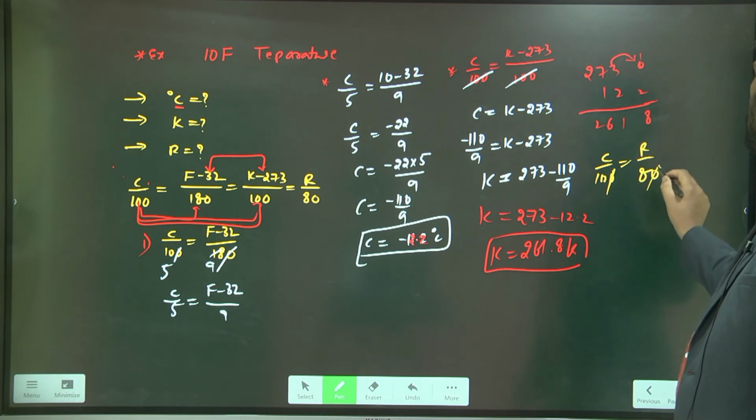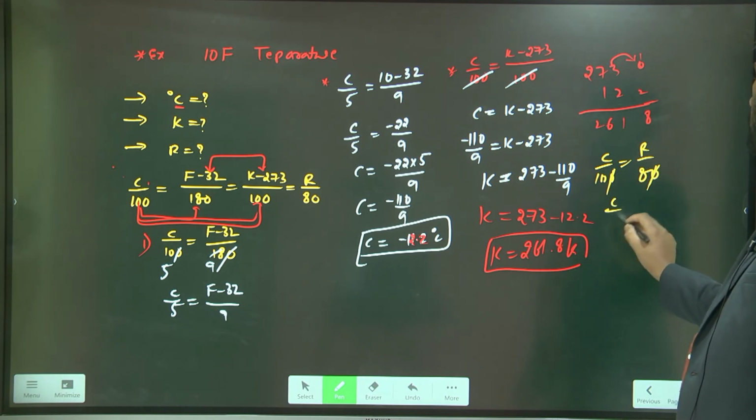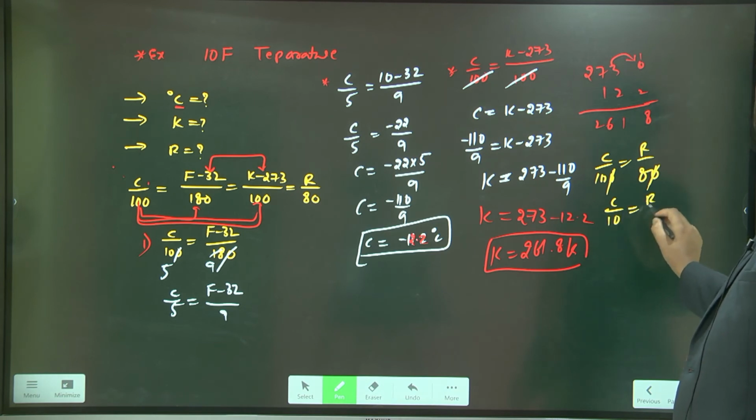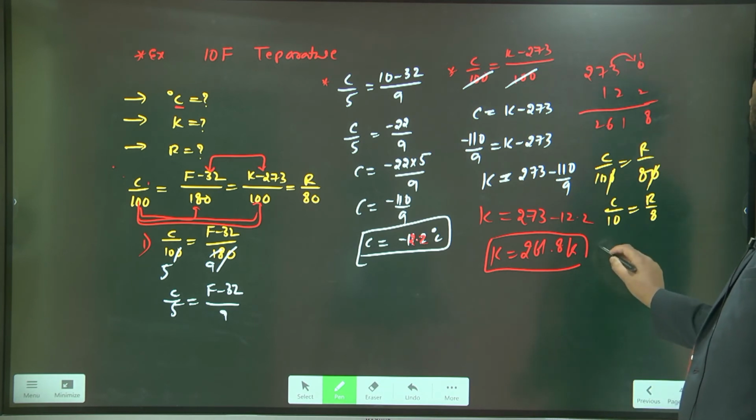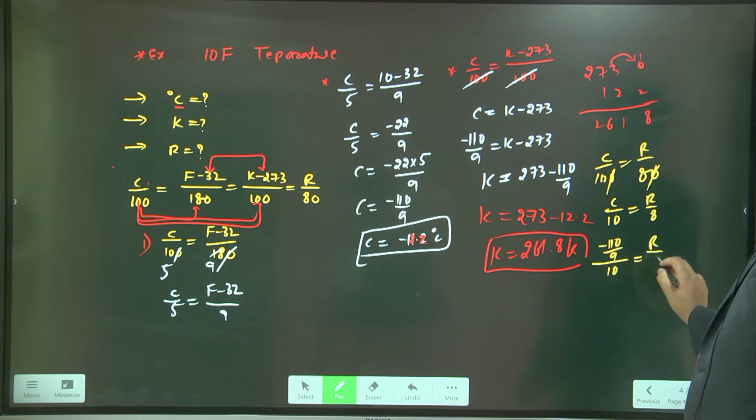C, this 0 gets cancelled. C by 10 is equal to R by 8. What is the C value? Minus 1110 by 9 by 10 is equal to R by 8. The 0 gets cancelled.